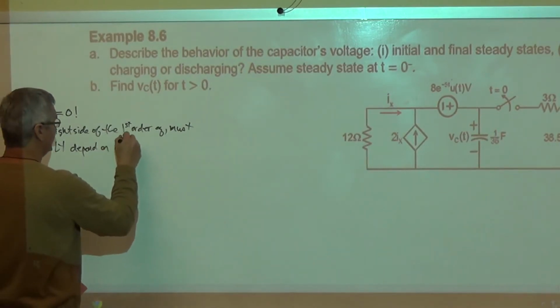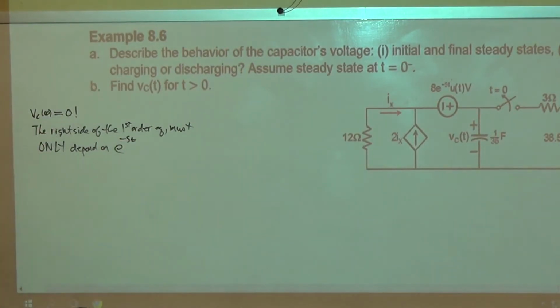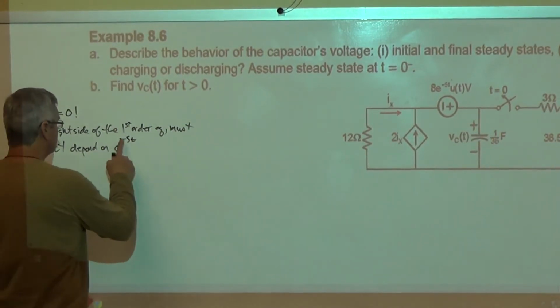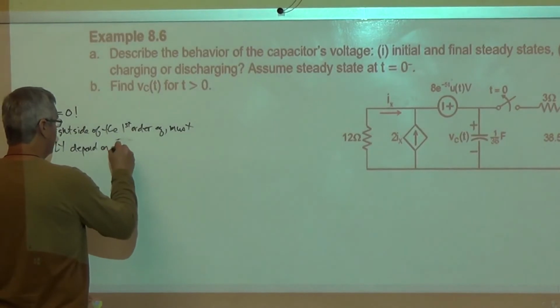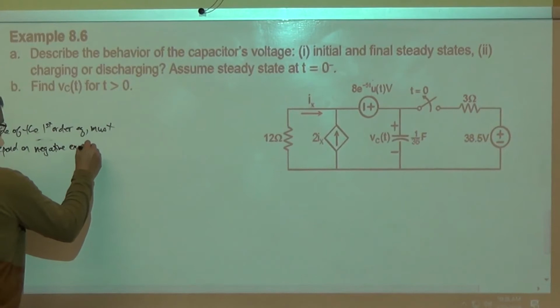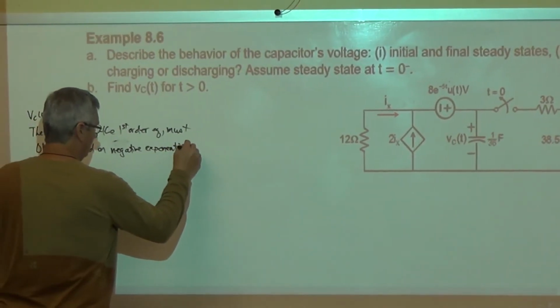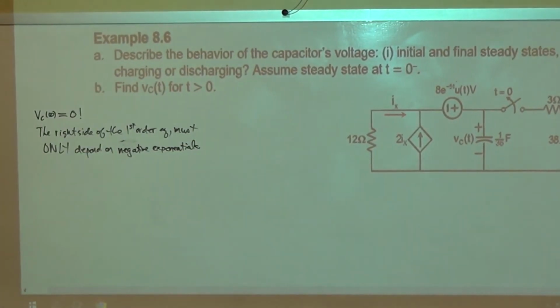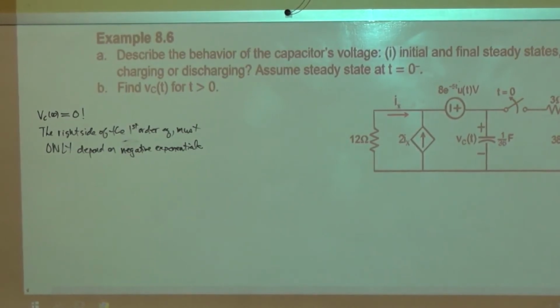E to the minus 5t. By the way, there's going to be another term. I think there will be 2 terms. It should only depend on negative exponentials. Right? It can only depend on negative exponentials. So let's do it.